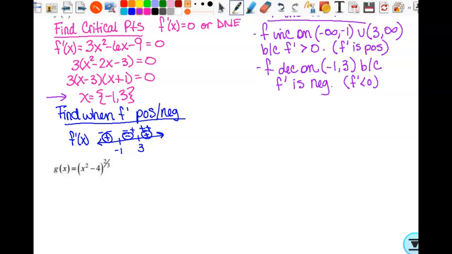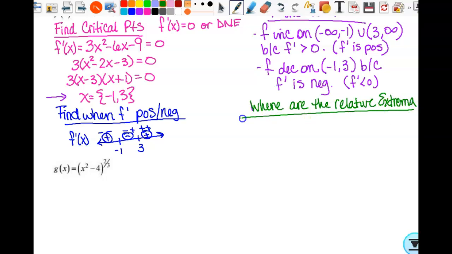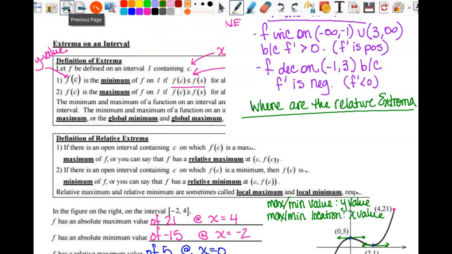All right, so what we're looking for now is where are the relative extrema. All right, so I know I have relative extrema at -1 and at 3, but I have to determine if they are maximums or minimums.